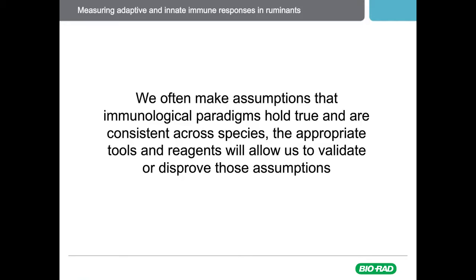The way that we know it doesn't follow through is when we have appropriate tools or reagents, it allows us to investigate that. So there may be, for example, cell surface molecules that appear on a cell population in one species that might not appear in the cell population in another. And that, of course, is then very important if you're trying to define the function of that subset, and you can only do that with good and reliable immunological reagents.